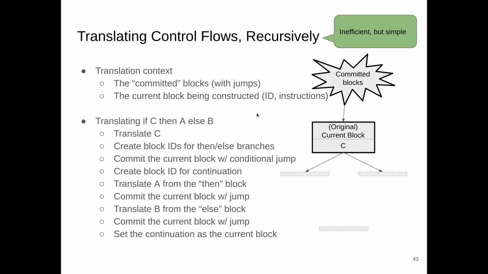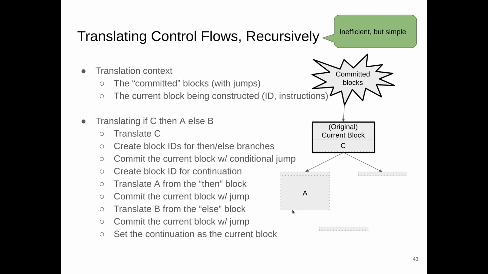So after this, we are going to translate A. A is executed only if the condition C is evaluated true, right? And if it is true, we are going to go to this left block. So that's the reason why we translate A from the left block, the then block we just created. So A is translated here. Maybe it is possible that the block can be changed, because A can also have its own control flows.